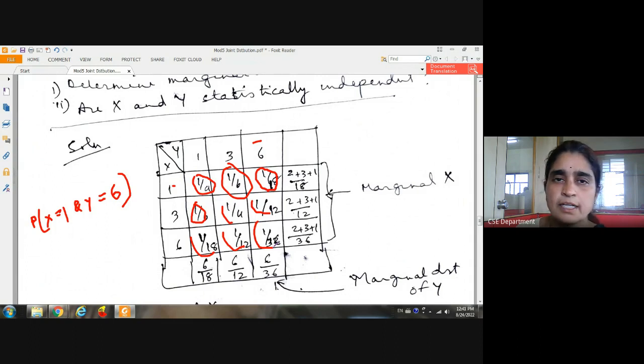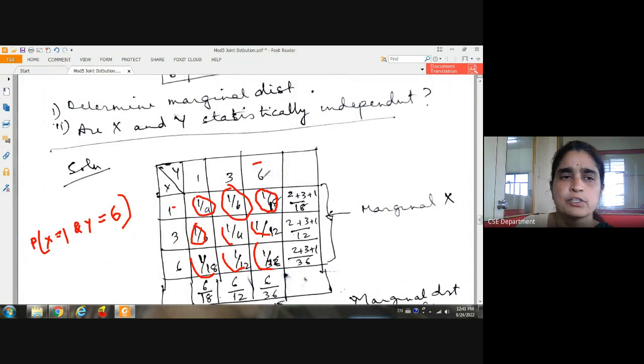That property will be there in our question paper. So this is called a joint distribution. Jointly, the probability that x takes value 1 and y takes value 6, we look it up in the cell and tell. So this is your joint distribution function.